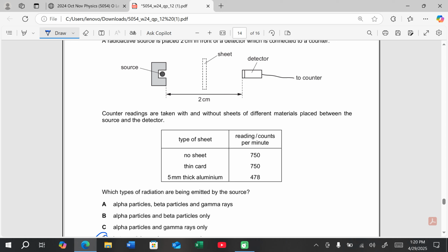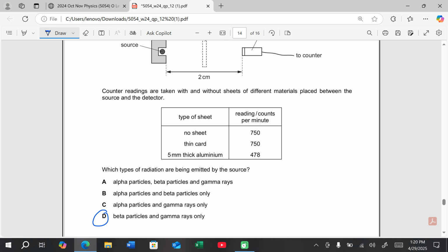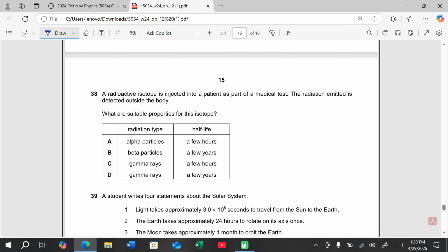So 38. A radioactive isotope is injected into a patient as part of a medical test. The radiation emitted is detected outside the body. What are the suitable properties for the isotope? You need to remember this, it is very important. First of all, alpha cannot penetrate the human body.